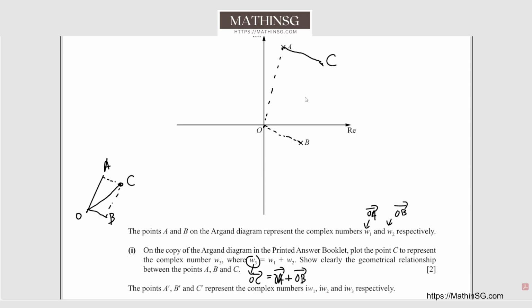Then you can do the same to find this point. We draw a line parallel to OB that passes through A, then the same thing, a line parallel to OA that passes through C. Then you'll get point C here. So this is my point C.